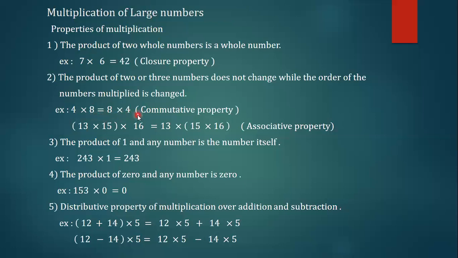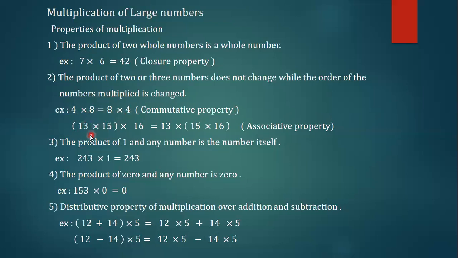Both are equal to 32. So this is called commutative property. If you multiply the numbers in any order, interchanging their places, the product remains the same. It is commutative property for two numbers.